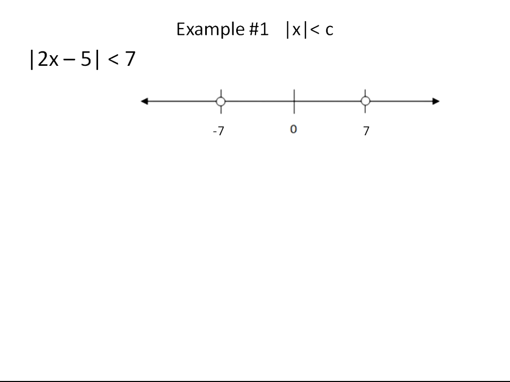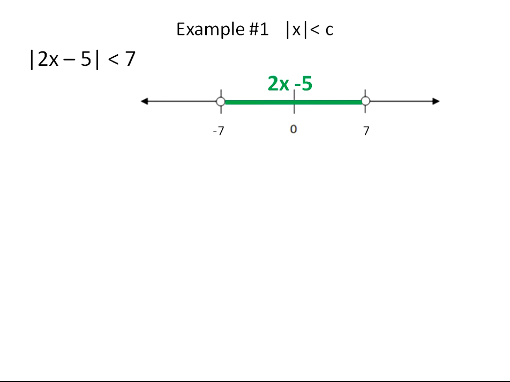And so we establish those boundaries, and then we say, well, the 2x minus 5 has to be less than 7 away from 0, so that's going to put it in between negative 7 and 7. Those are all the values that are actually less than 7 away from 0. And so that's what 2x minus 5 is going to be.